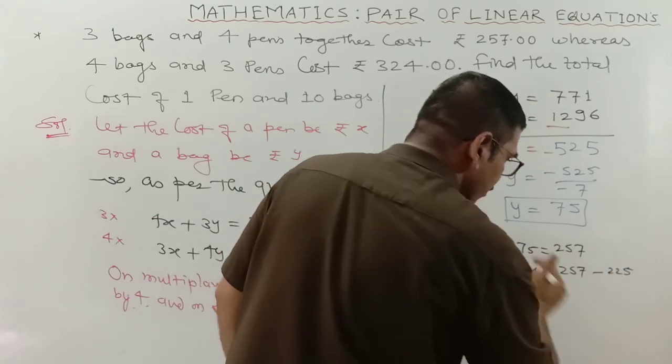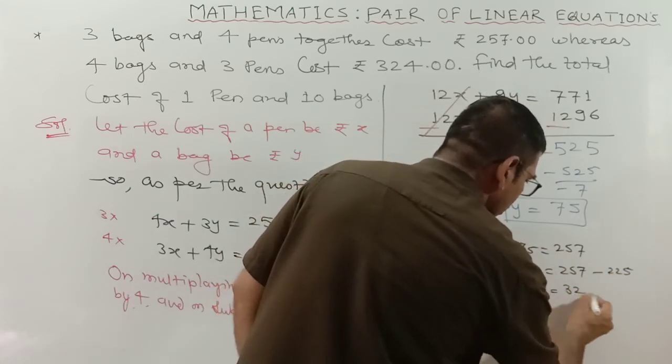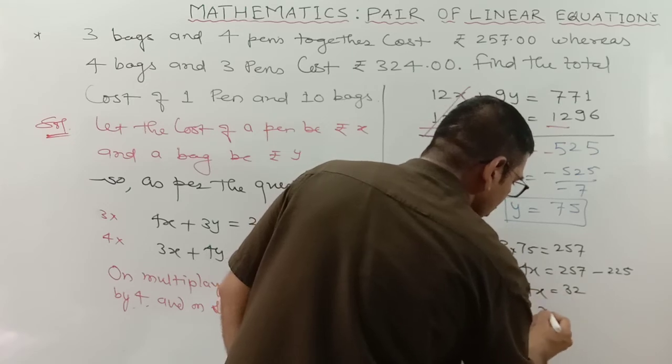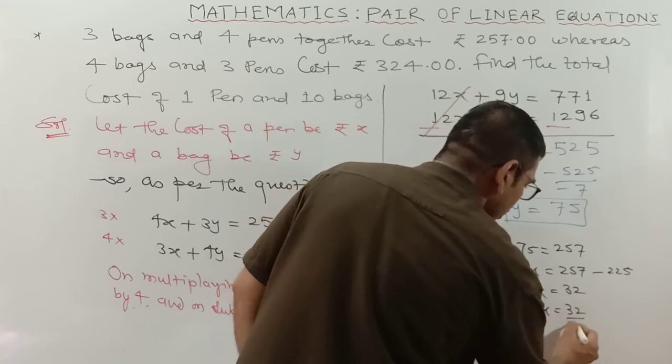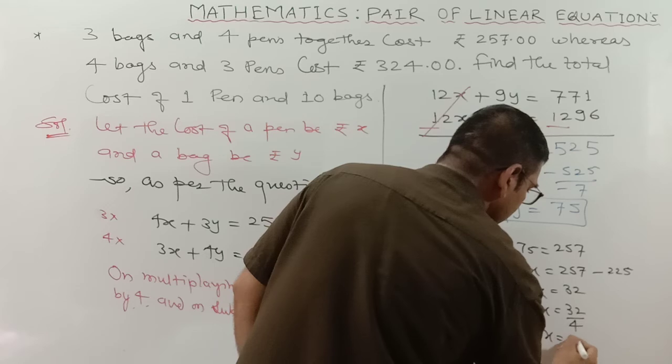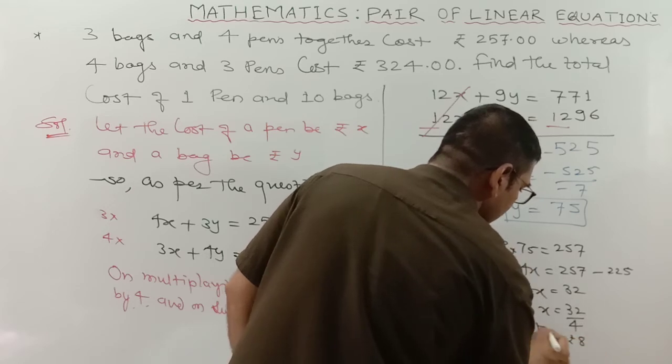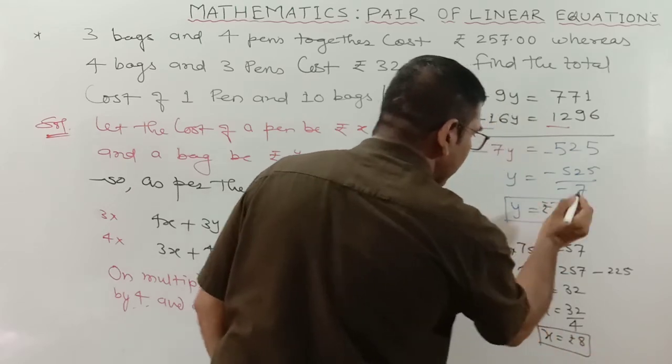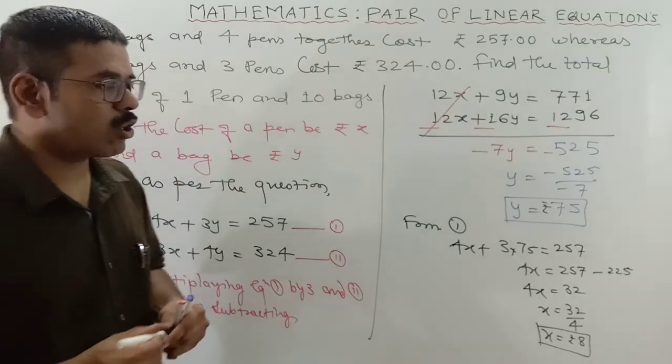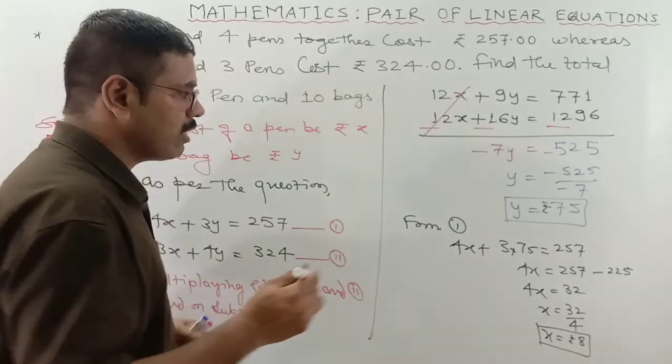So it will be 32. 4x is 32, so x will be equal to 32 upon 4. x is equal to rupees 8. So the cost of a pen is 8 rupees. Cost of a bag is 75 rupees.